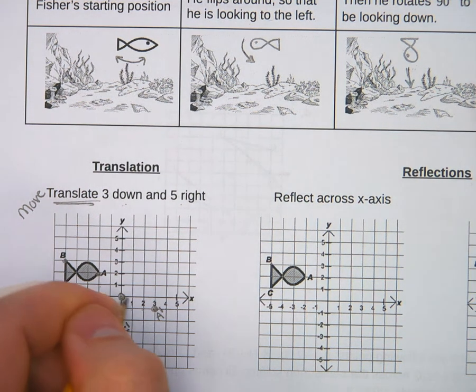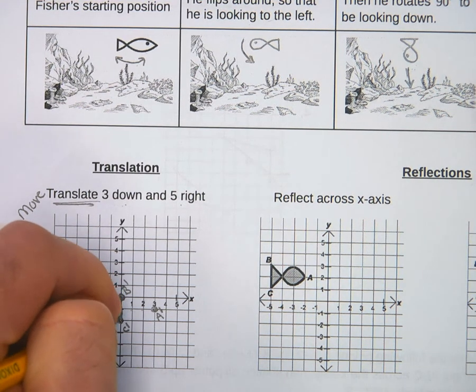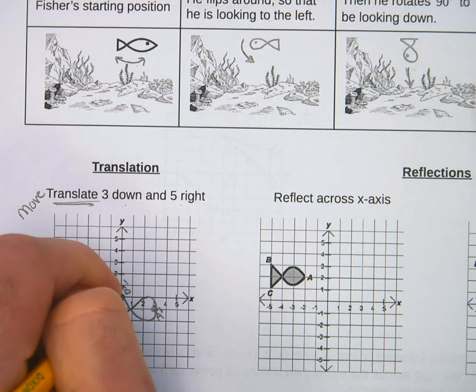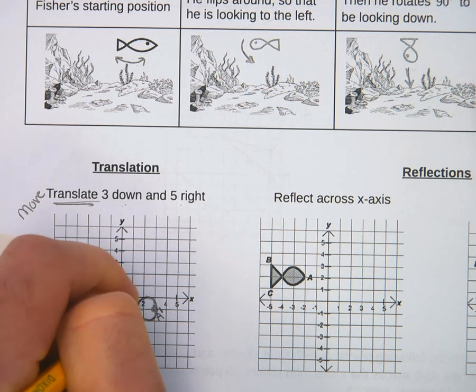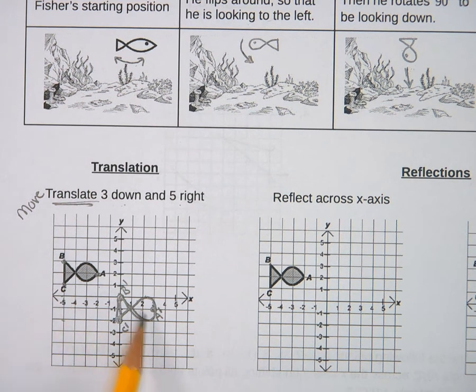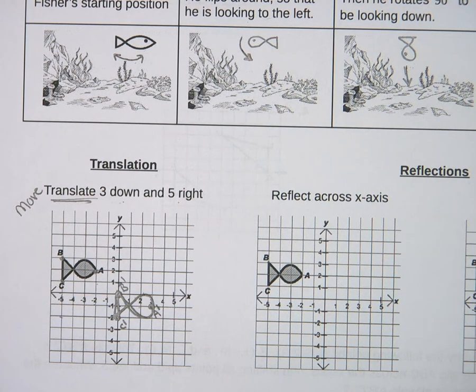So the origin will be B prime. And then we can trace in the rest of Fisher. Not perfect, but you get the general idea that this is the same fish after it has been translated down 3 and right 5.